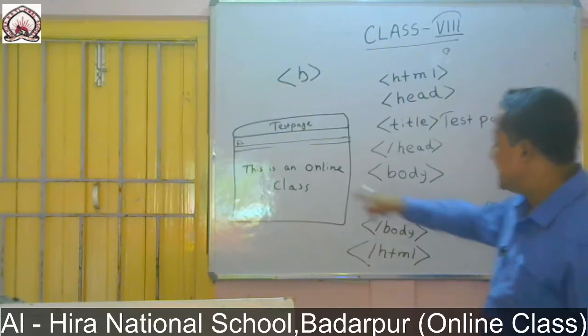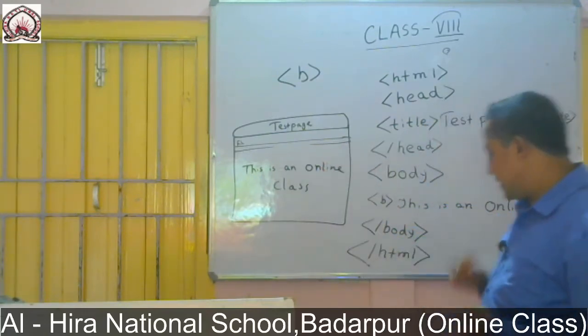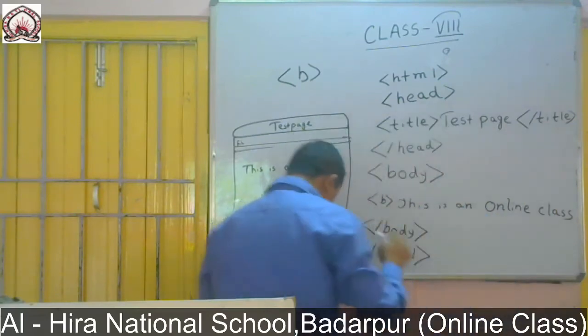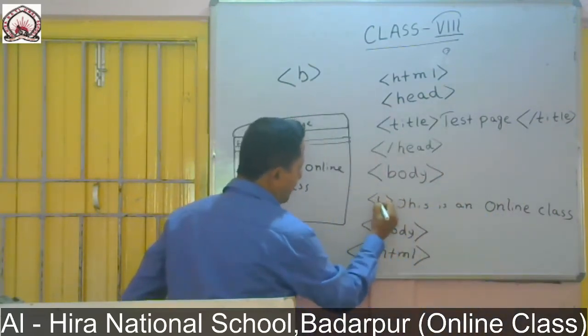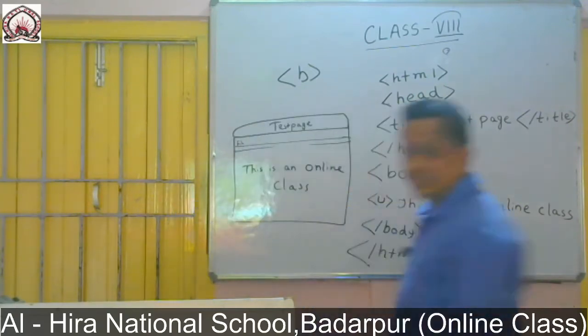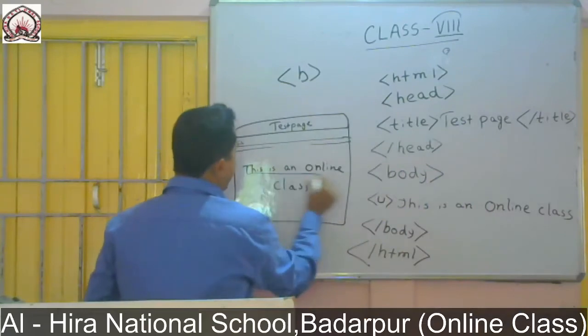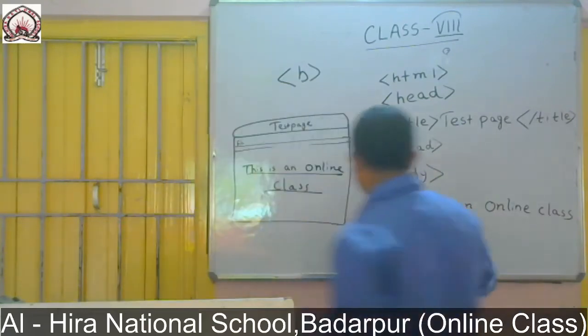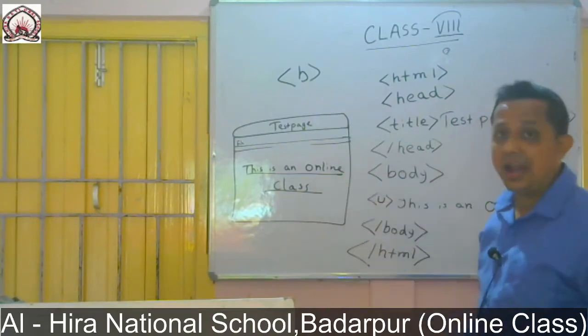Number 2, this particular line will come in bold. For example, if I give a U tag, which means underline, this whole line will come underlined. If I give I, meaning italic, this whole line will come in italic.